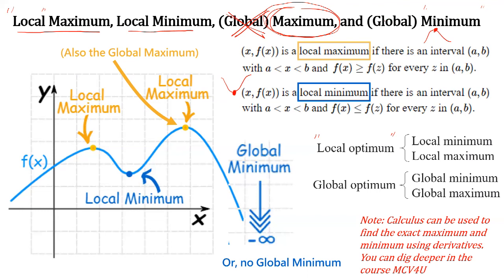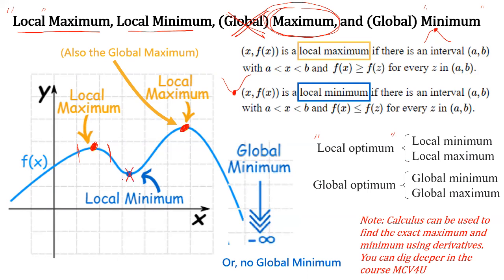Understand? Okay, for example, let's consider the graph of the function here. We have a local maximum here, right? Because there is an interval in which x is a maximum point. So this is a local maximum in this interval. And there is another local maximum here. Also, this point is a global maximum in the whole domain, right?